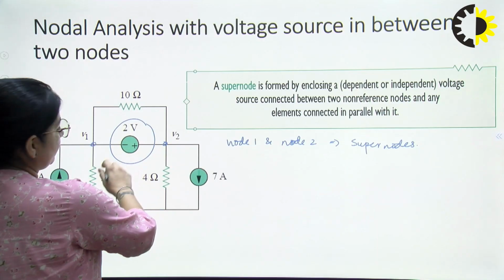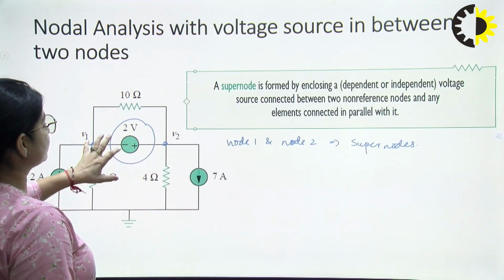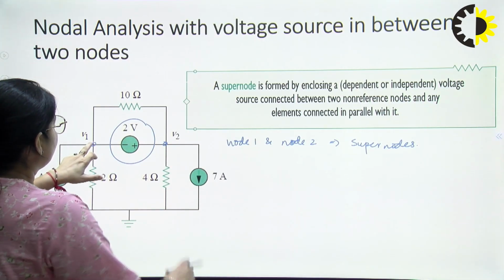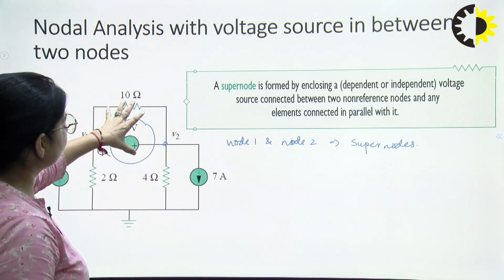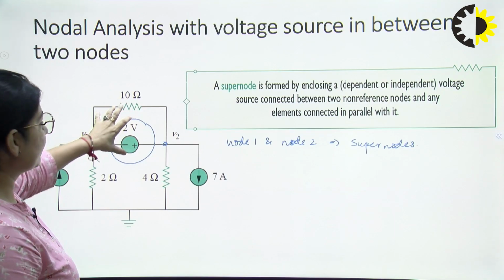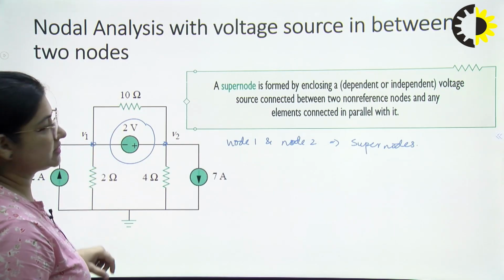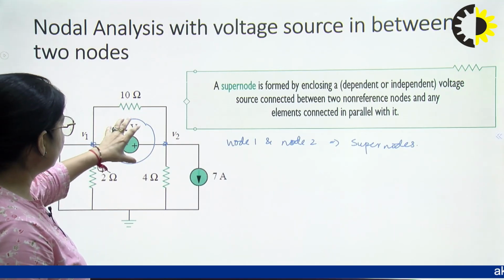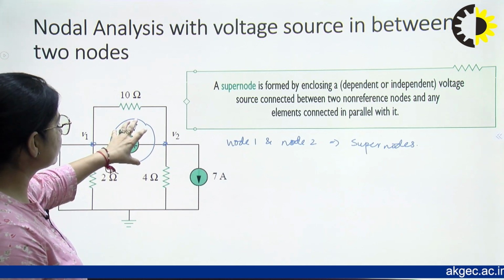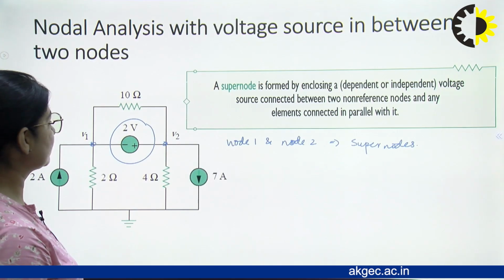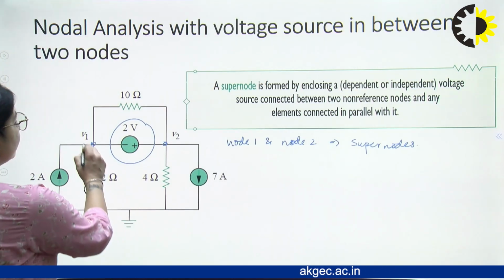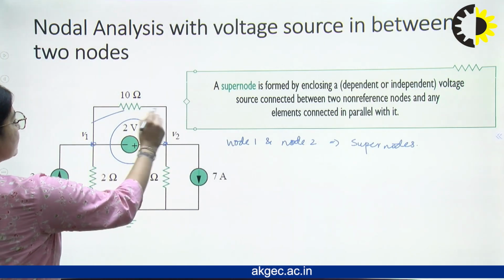Further, what is the procedure to solve this type of circuits? We just remove whatever elements are connected between these 2 nodes. Like in these 2 nodes there is a voltage source and there is a resistor. So these 2 elements will be disconnected and we will treat this as one node.